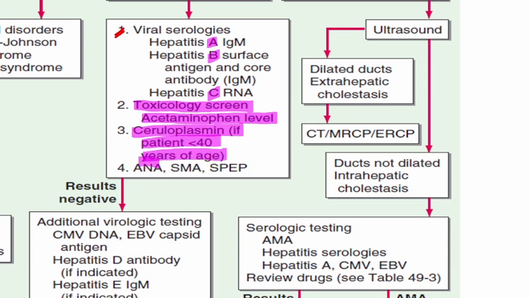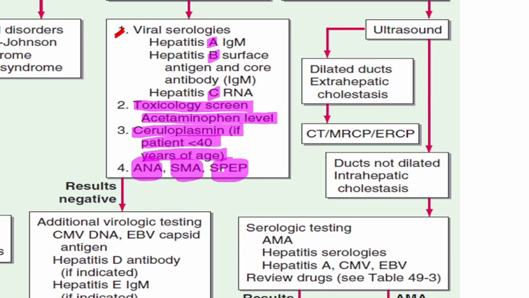Then ANA, smooth muscle antibody, and serum protein electrophoresis, right? ANA, SMA are for autoimmune hepatitis. SPEP is to look for the immunoglobulin G or gamma globulin component of serum globulins.